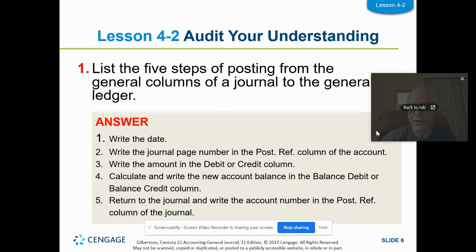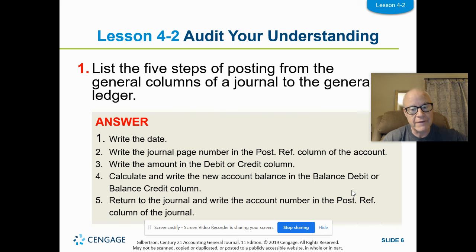We calculate and write the new balance in either the balance debit or balance credit column, which should follow the rules of everything on the left side of the accounting equation, assets equals liabilities plus equity, having a normal balance of debit. Everything to the right, liabilities or owner's equity, have a normal balance of credit. We then go back to our multi-column journal and write the account number in the post reference column.